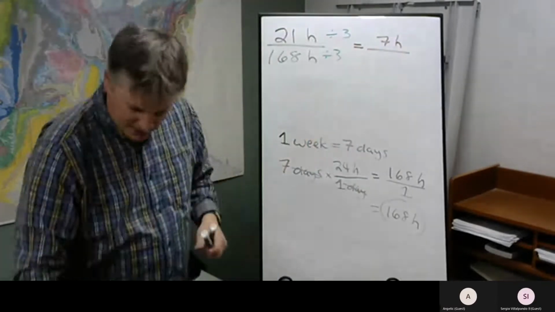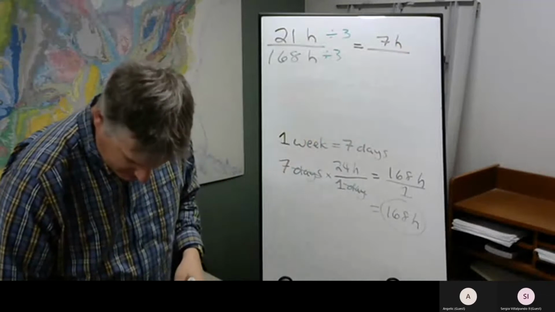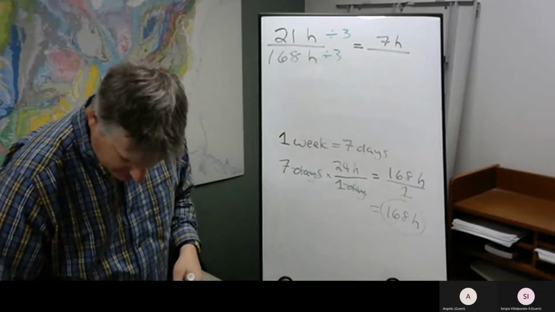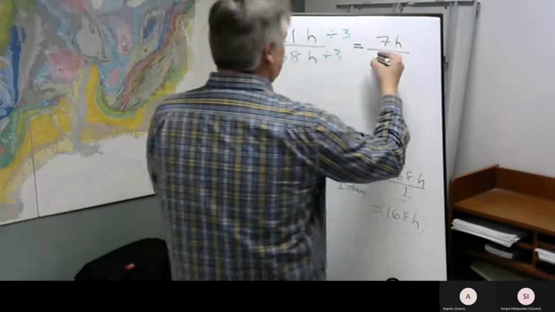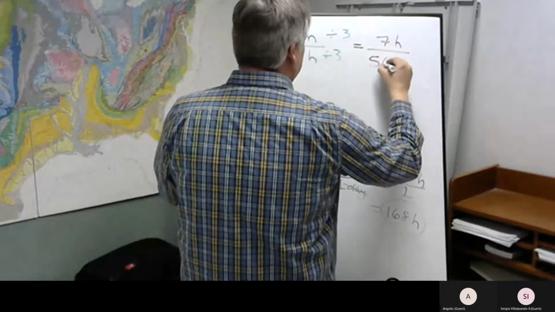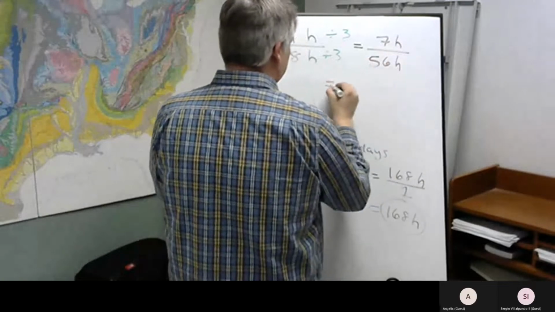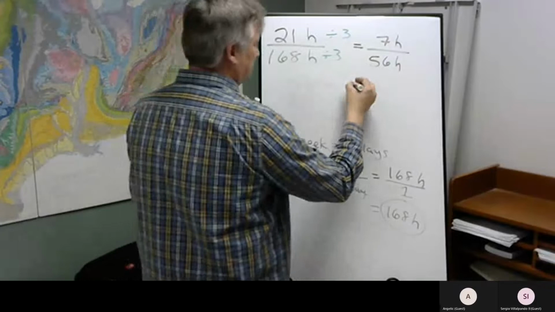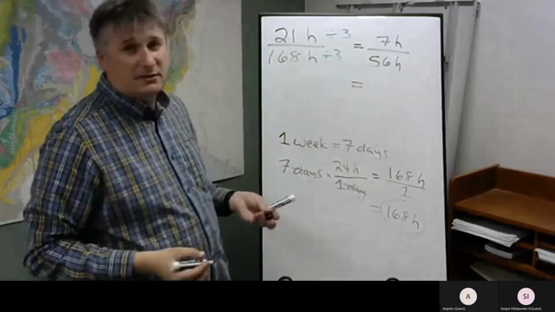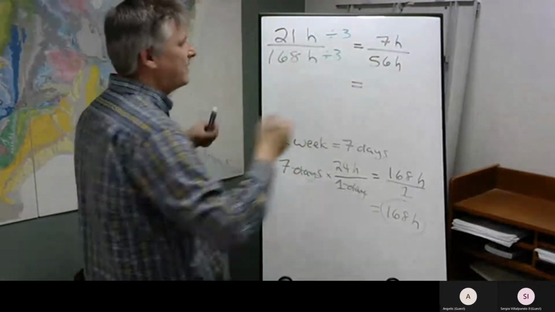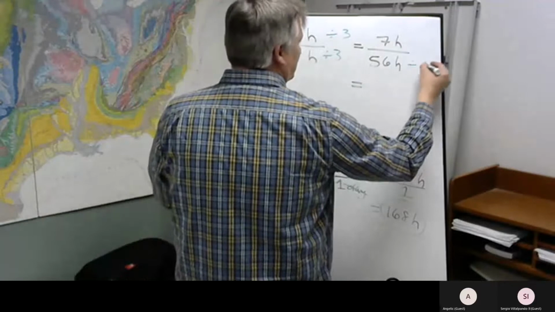Let's see, 168 divided by 3. 56. And then 56 is divisible by 7, so we can divide top and bottom by 7.